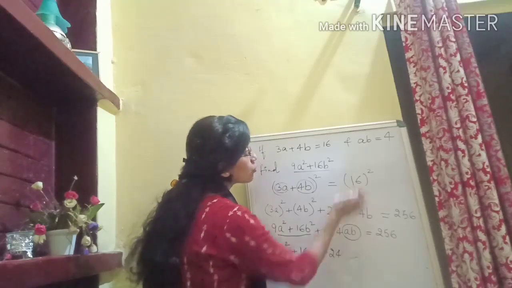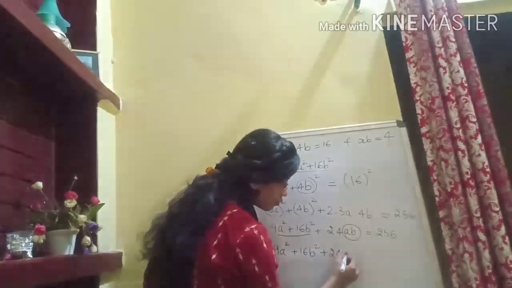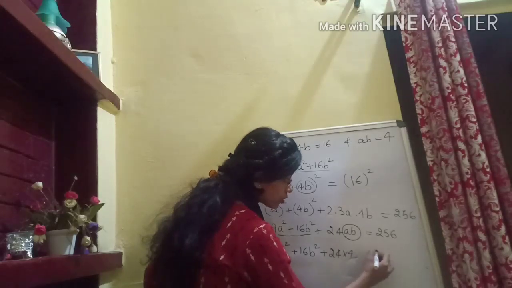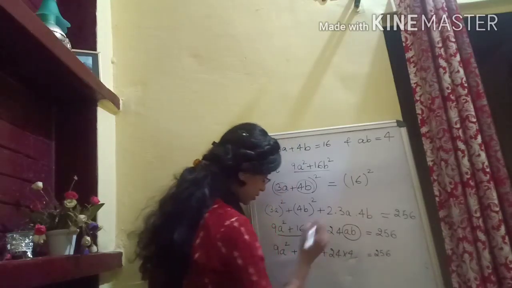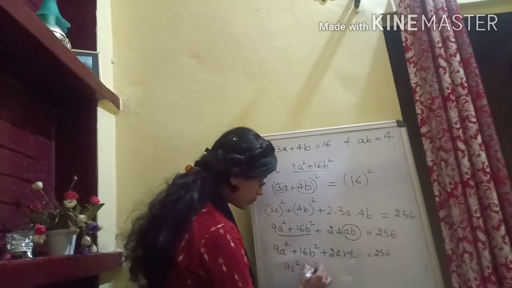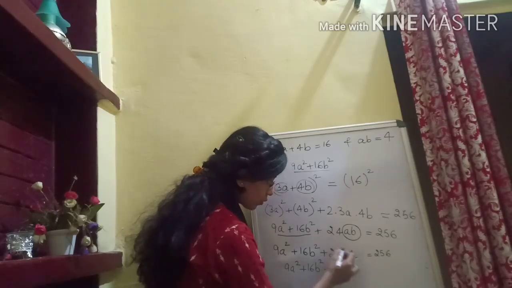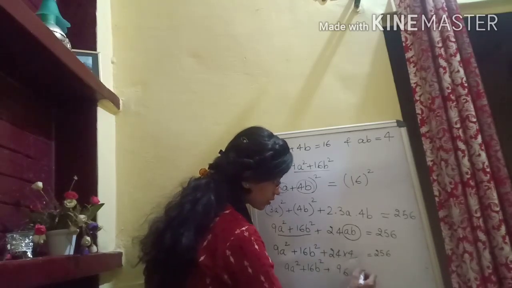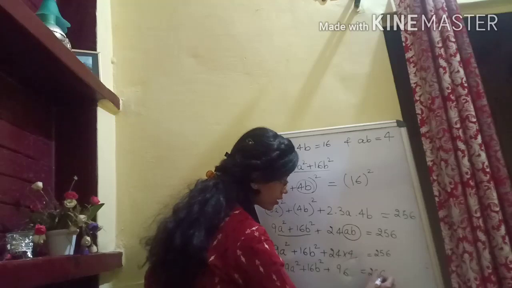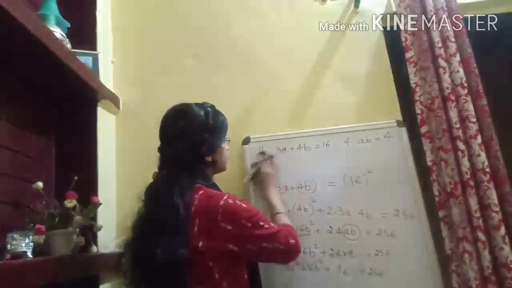The whole value of ab is given as 4, so 24 into 4, it will be 96. So 9a square plus 16b square plus 96 is equal to 256. Is it clear? So simple. Now next is simple.